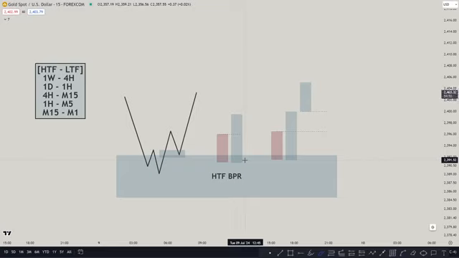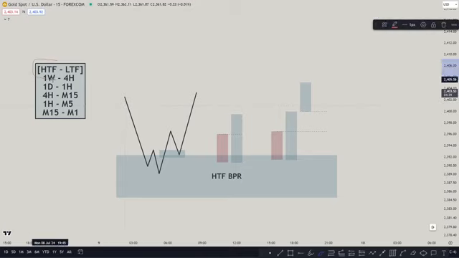This is the traditional way to trade, and after 5-6 years of trading, you come to the realization that it's all about time frame alignment. So higher time frame to lower time frame: we're going from weekly to 4 hour, daily to 1 hour, 4 hour to 15 minutes, or 15 minute to 1 minute.